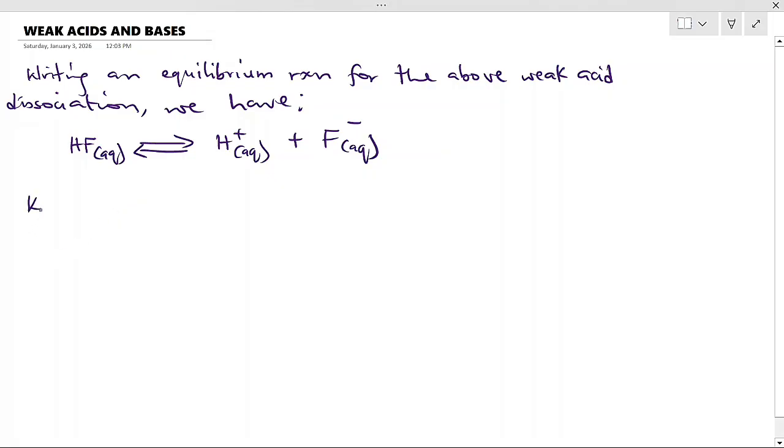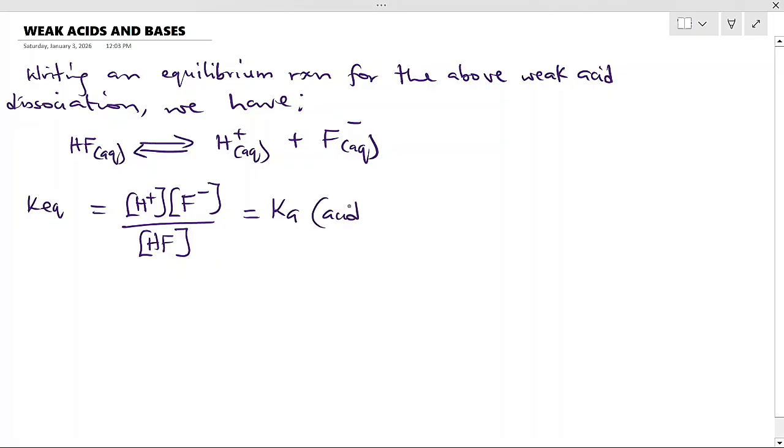So the equilibrium constant Keq in this case is the concentration of the product, which is H plus, over the concentration of the reactant. And this is actually equal to the dissociation constant of an acid, generally known as your acid dissociation constant.